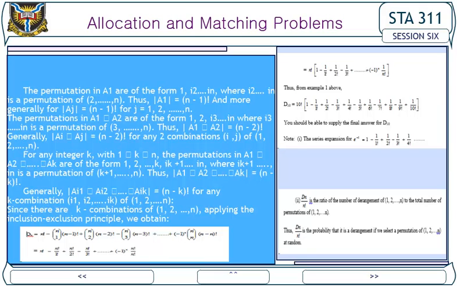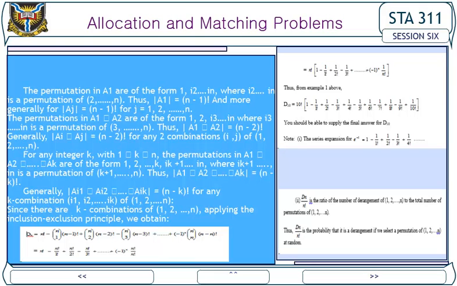The permutations in A1 intersection A2 are of the form 1, 2, i3, ..., in, where i3 to in is a permutation of 3 to n. Thus, the absolute value of A1 intersection A2 is equal to n minus 2 factorial. Generally, the absolute value of Ai intersection Aj is equal to n minus 2 factorial for any two combinations i, j of 1 to n.